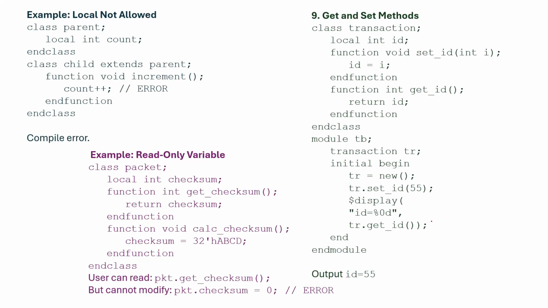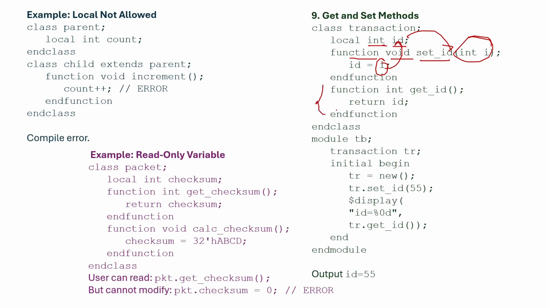Okay, understood, right? Here I am using the get method and set method. With the get method we are getting the data, and with the set method we are inserting the data. That is the reason I'm using the set and get methods in my local transaction. Here I'm using local int id, and the method is function void set. The value I'm setting here is related to your id, end function.